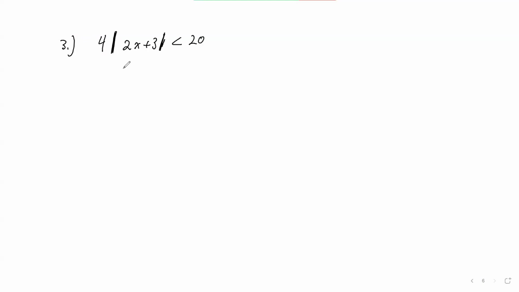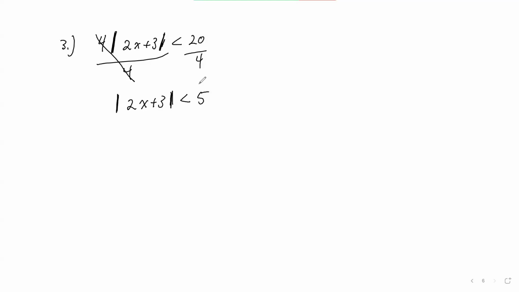So how do I get rid of that 4? Divide it. I know because it looks like parentheses, you want to distribute it, right? But we can't do that with absolute values. So 20 divided by 4, 5.